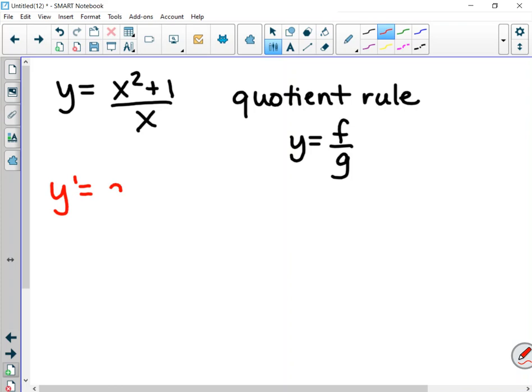When I do quotient rule, I start with the denominator function, I multiply by the derivative of the numerator, so g f prime, minus, instead of plus, f g prime. Notice that's the same set of terms as in the product rule, except a minus instead of a plus. g f prime, f g prime, with a minus, all divided by g squared.